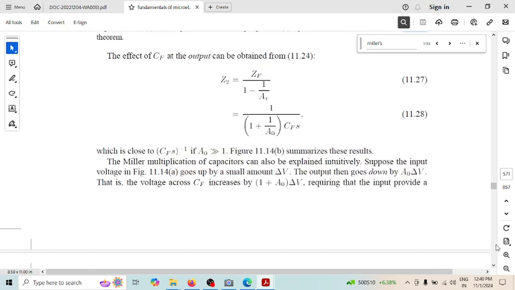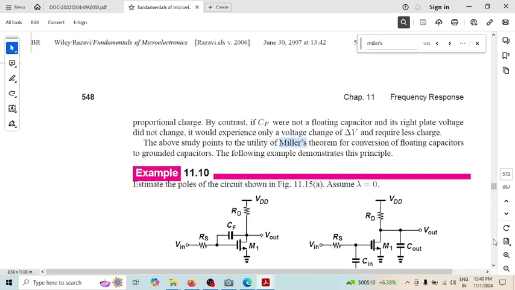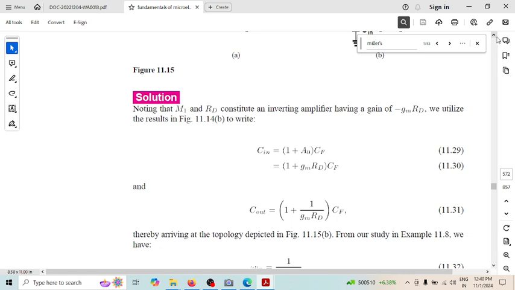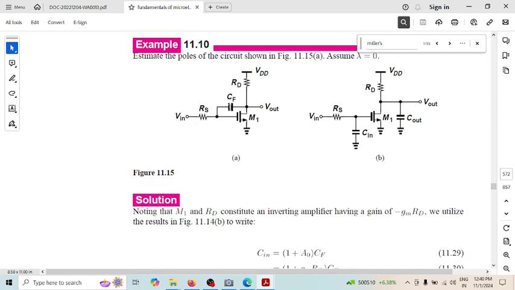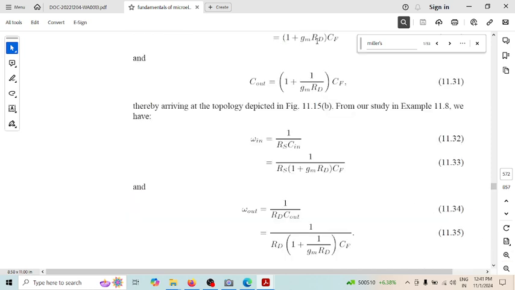Here the capacitance CF will be split into C in and C out. C in is equal to CF into 1 plus A0, where A0 is the gain of this amplifier, which is GM into RD.